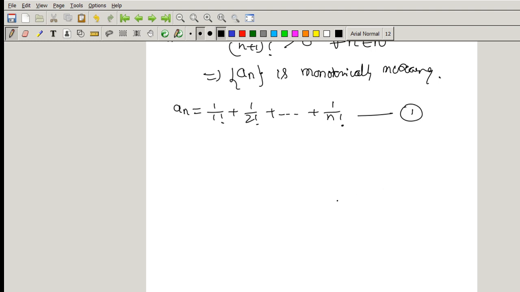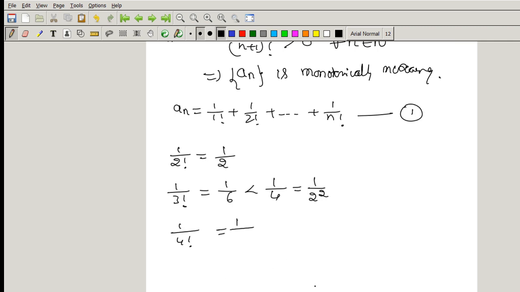Call this equation 1. 1 by 2 factorial is nothing but 1 by 2, and 1 by 3 factorial is 1 by 6, which is always less than 1 by 4, which is 1 by 2 square. 1 by 6 is less than 1 by 4, and 1 by 4 factorial is 1 by 24, which is always less than 1 by 8. 1 by 8 is nothing but 1 by 2 cube.